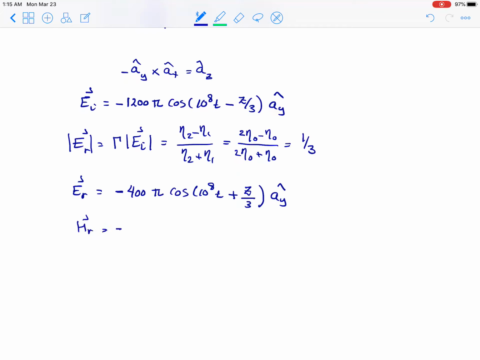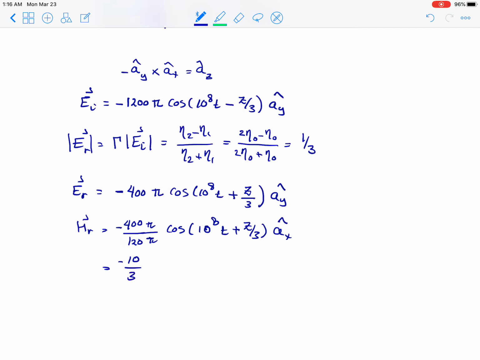Now, the reflected magnetic field will be the reflected electric field divided by eta naught, which is going to be negative actually. 400 pi divided by 120 pi, cosine 10 to the power 8 t plus z divided by 3, along x.